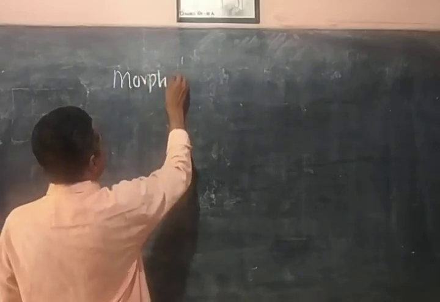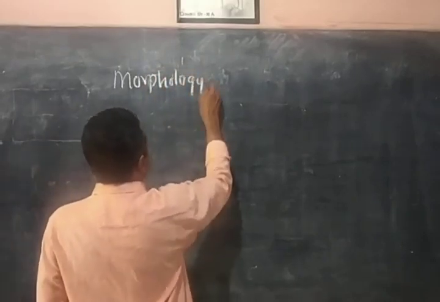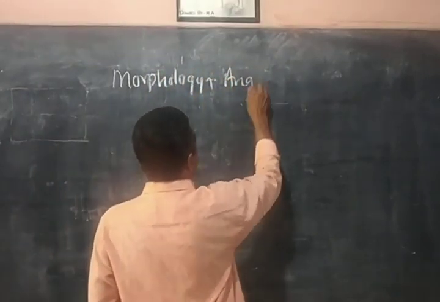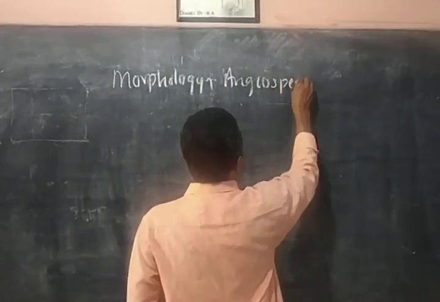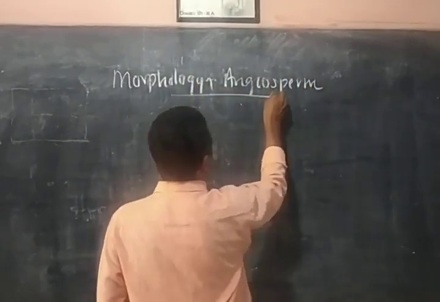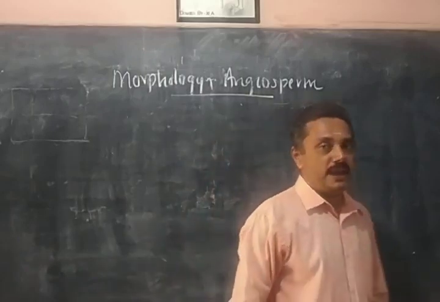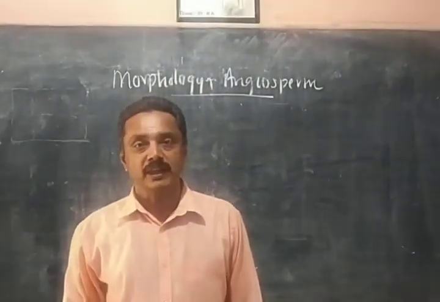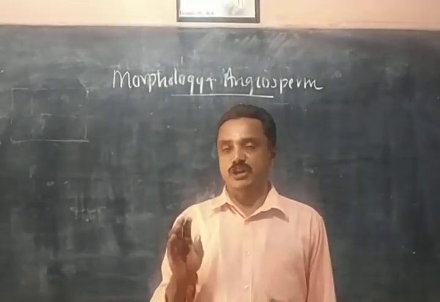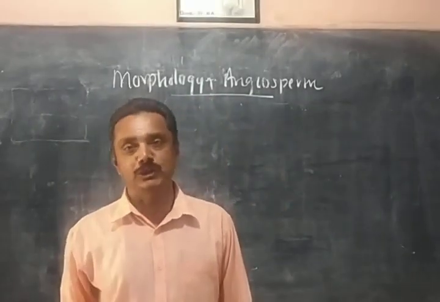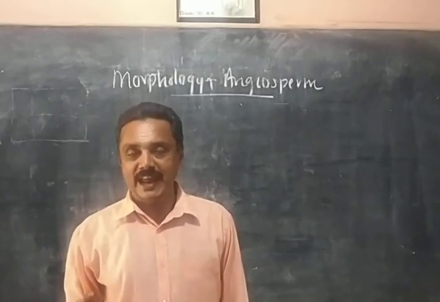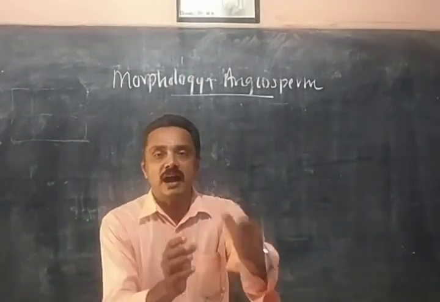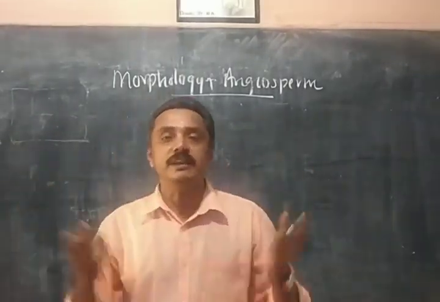See, morphology of angiosperm. You see that flowering plants, plant kingdom is classified into 5 groups: algae, bryophytes, pteridophytes, gymnosperms and angiosperms. And see, angiosperms are the plants seen in our surroundings.